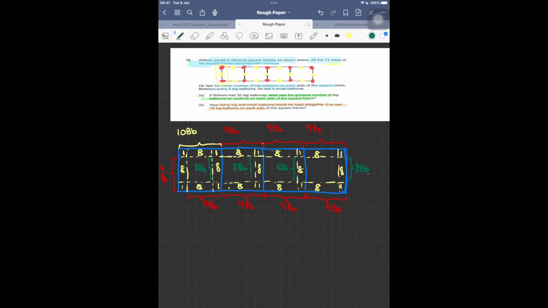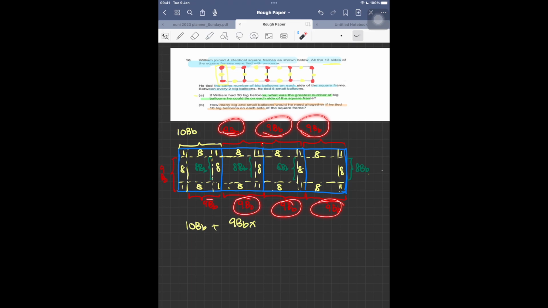Okay, so this is what I have now, right? It's asking you how many big balloons will I have, and also the small balloon. Let's first calculate the big balloons, okay? So in total I will have 10 big balloons, add 9 big balloons times how many of them? 1, 2, 3, 4, 5, 6, 7, 8.